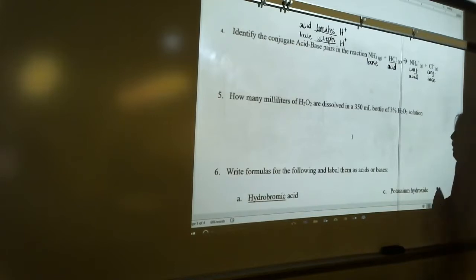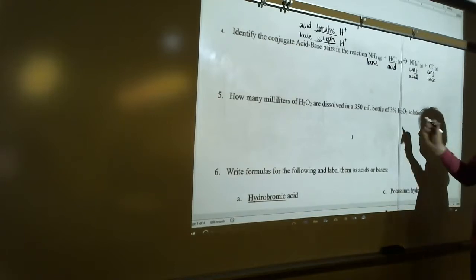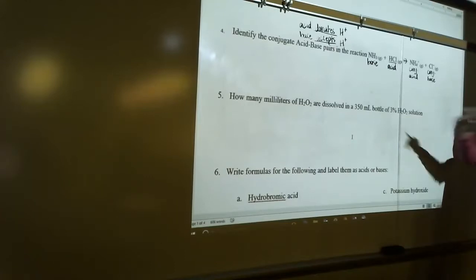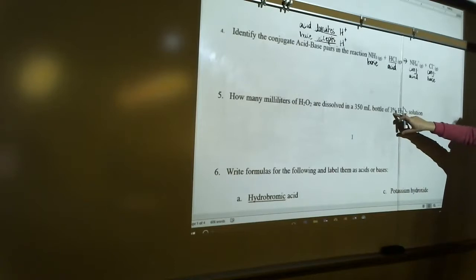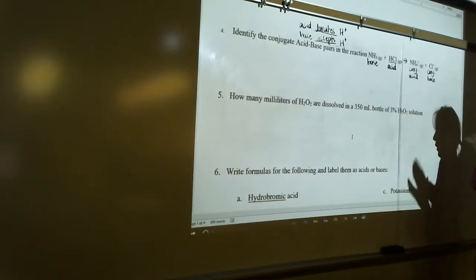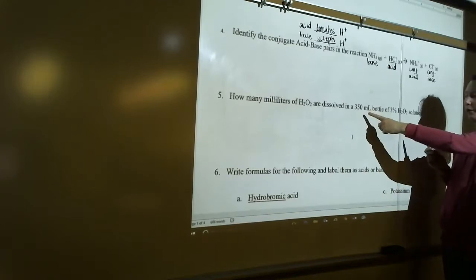All right, let's do number 5. So this is true. When you go to the pharmacy and you buy that brown bottle, hydrogen peroxide, you know, you scrape your leg, you pour it on it, it stings, it bubbles, right? That's what you're buying. You're buying hydrogen peroxide, and it is 3%. That's a true statement. So let's go to the pharmacy and get a 350 milliliter bottle.